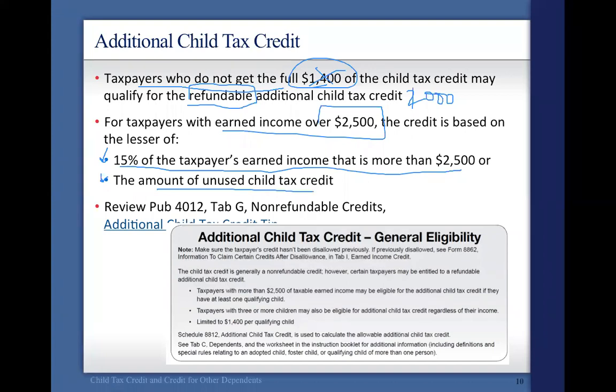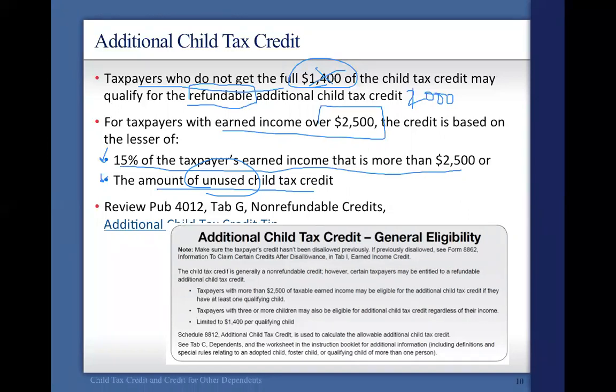So when I gave you that example on the previous slide, of somebody having a tax liability of $6,000 and being able to claim $4,000, this wouldn't apply, right? There's nothing that's unused about that. But in my second example, they had a tax liability of $3,000 and a child tax credit of $4,000, and I originally told you that $1,000 was not going to be able to be used under the child tax credit.